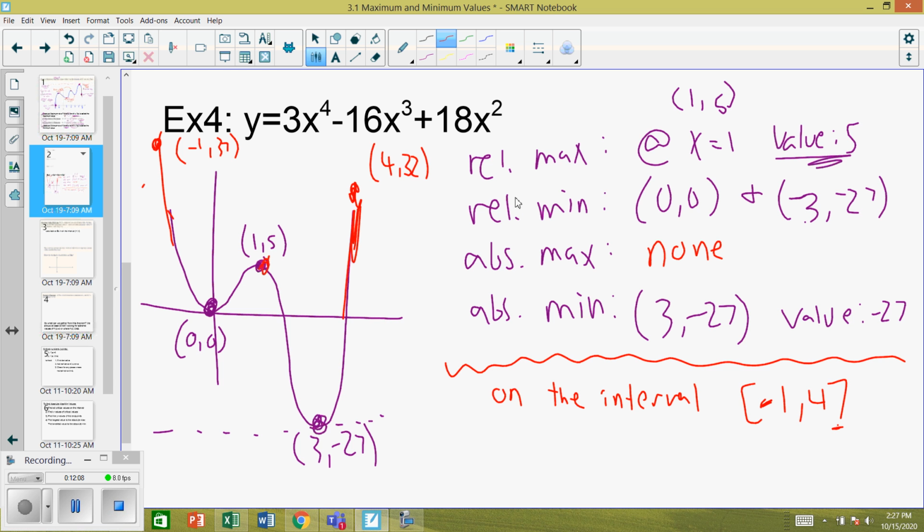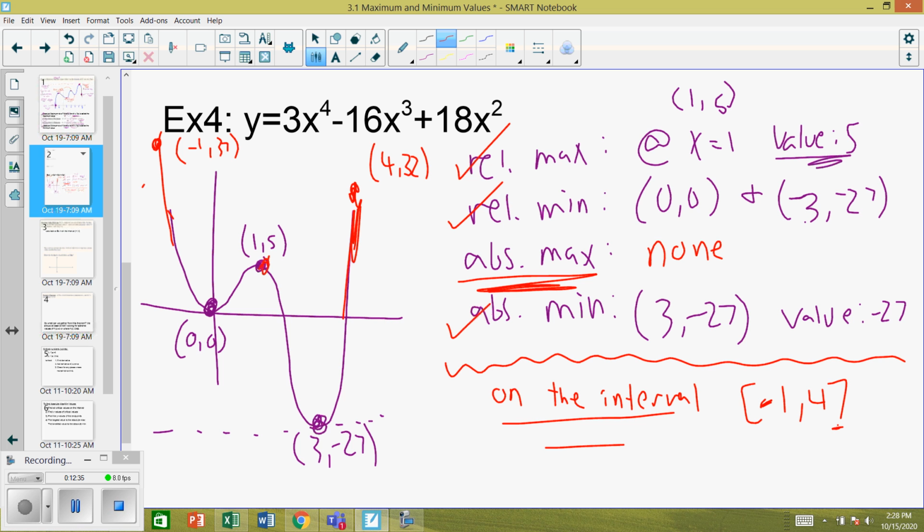Okay, cool. Now, what if I decided to make it an interval? Does that change anything? Well, it doesn't change the relative stuff. So that's still a relative max, and that's still a relative min. And it doesn't change the fact that we have an absolute minimum. The only thing this changes is that endpoints can now be absolutes.